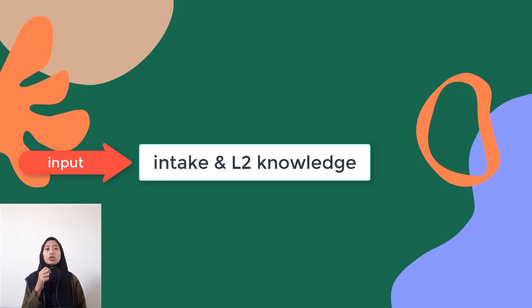This means the new language is transferred into the short-term memory. Then some intake is stored in long-term memory as second language knowledge. And the last is output. It means producing written and spoken output of interlanguage.